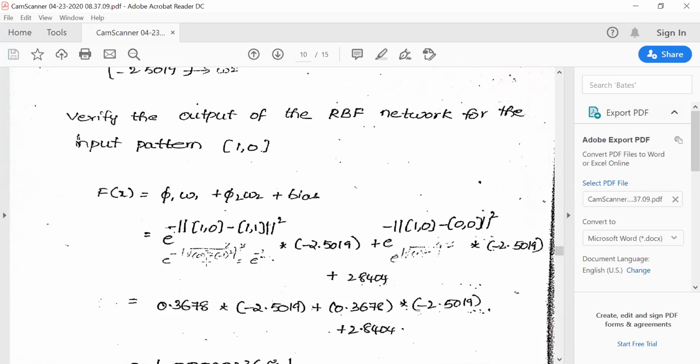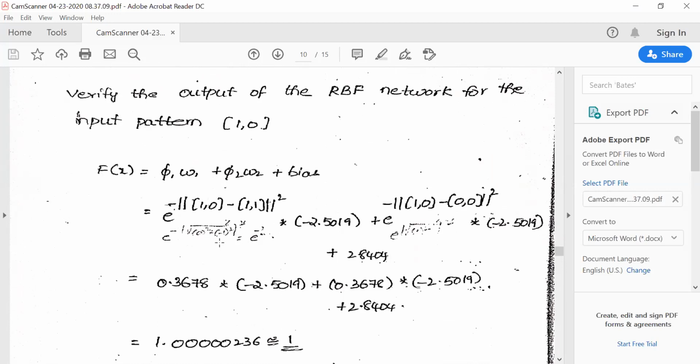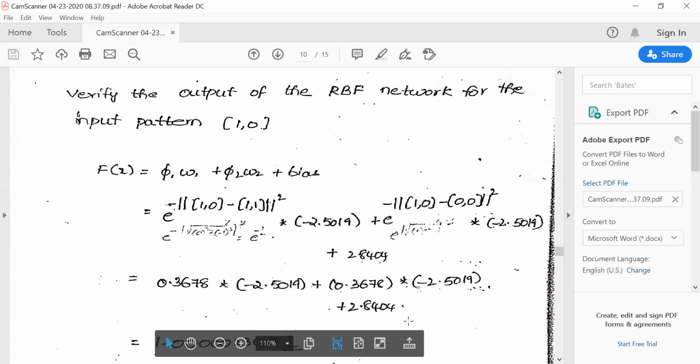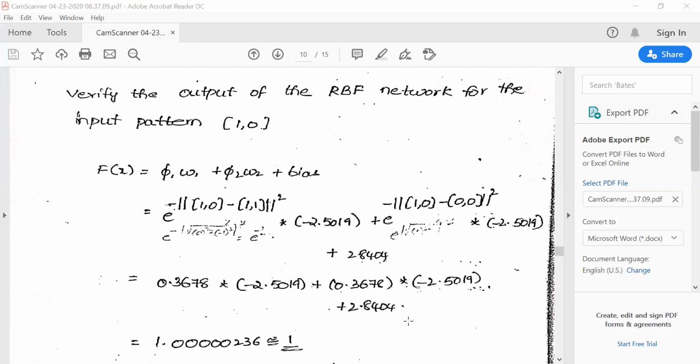Now our neural network is ready with weights, and now I want to identify what is the output that may be generated by our RBF neural network, because we designed it properly and I want to verify it. Okay, so the input is 1 comma 0. So let us calculate the value which is produced by f of x.